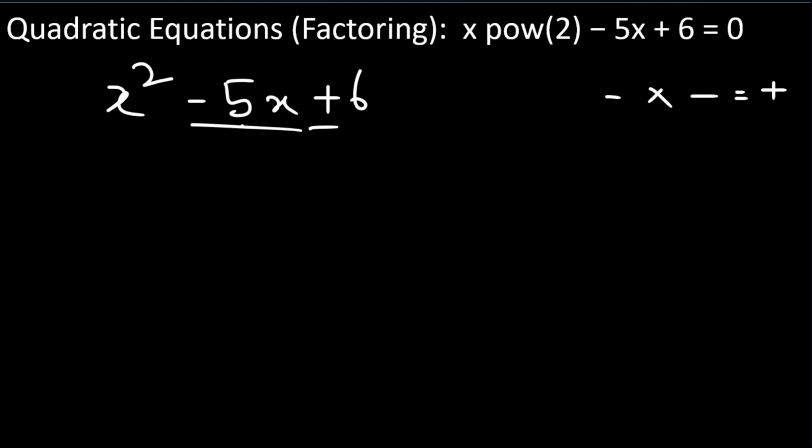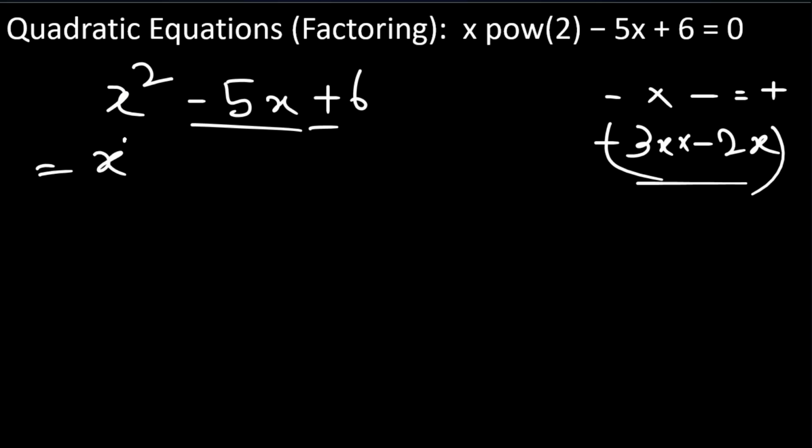So here it's a minus 5x, so minus 3x minus 2x. So here we can convert it this way: x squared minus 3x minus 2x plus 6.